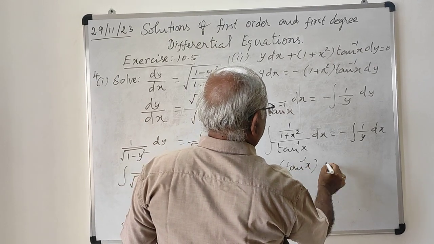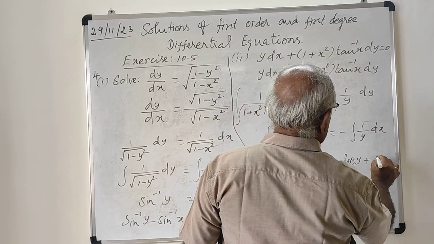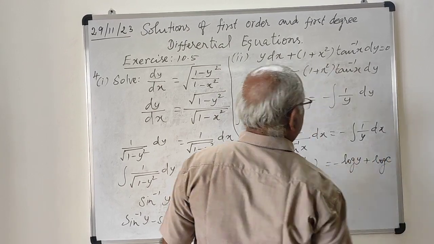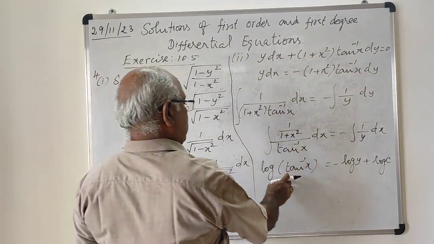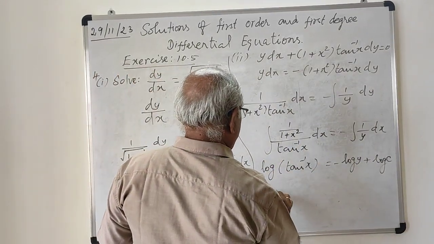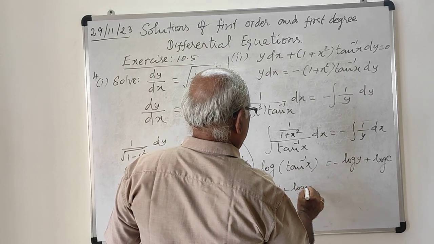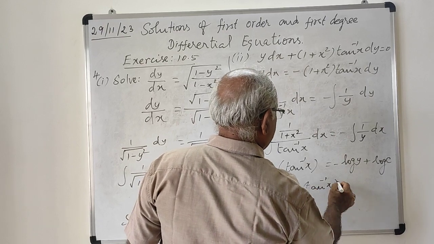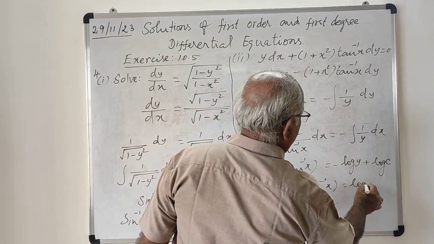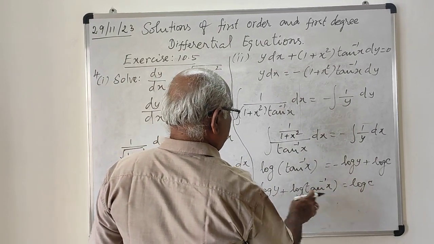Log of tan inverse x is equal to minus log y. You consider the constant as log c, because every term is a logarithm. Therefore you bring this minus log y over: log y plus log of tan inverse x equal to log c. Log m plus log n is log mn.